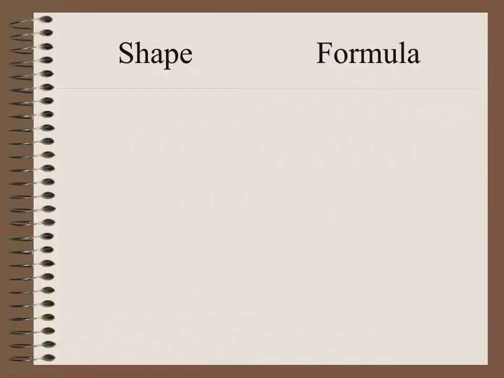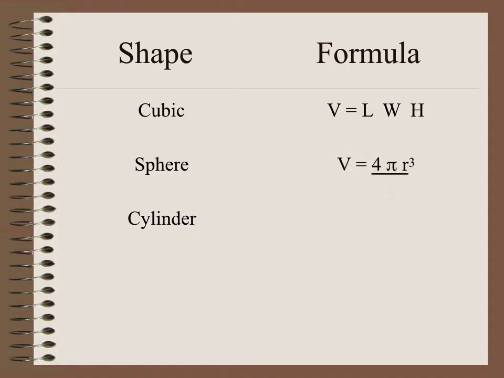The shapes that we are going to be working with are regular shapes, much like we did for area: cubes, spheres, and cylinders. The formula for a cube is length times width times height. For a sphere, it's 4 times pi times the radius cubed divided by 3. And for a cylinder, it's the area of the base, pi times the radius squared, times the height.